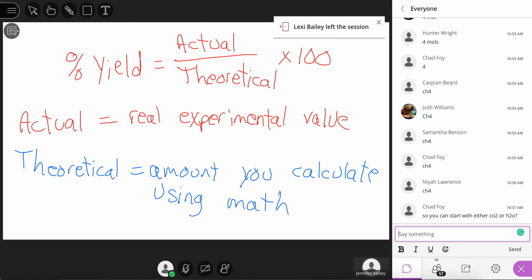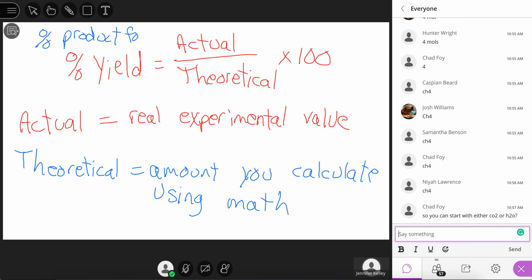And percent yield obviously would be the percent of the product formed compared to what you theoretically could.